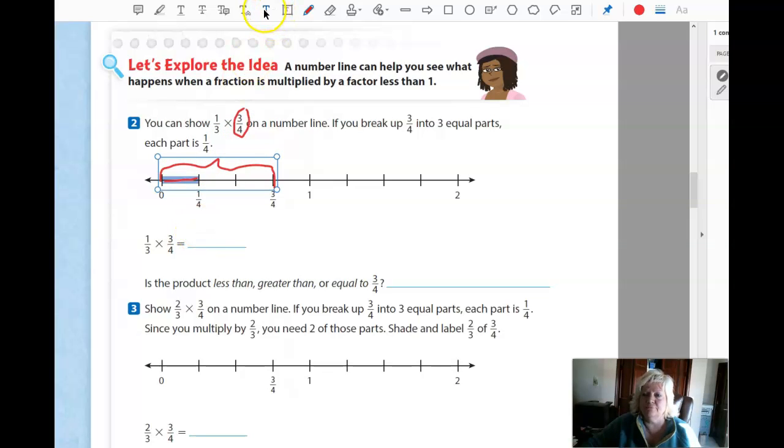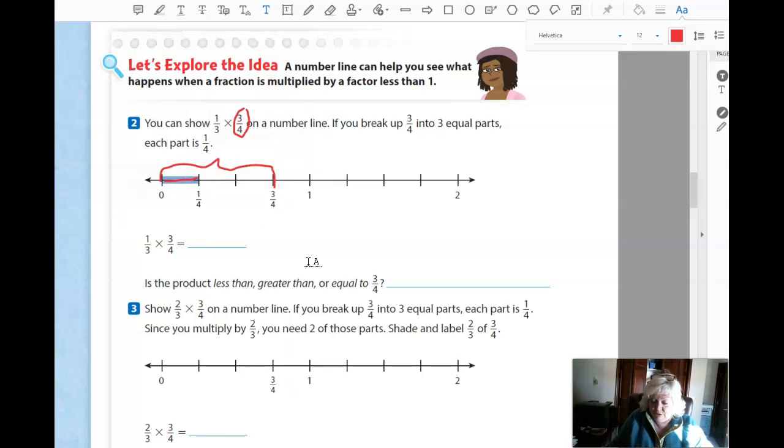So we know that a fraction multiplied by a fraction, 1/3 times 3/4, is 3/12, which also simplifies to 1/4. Is the product less than, greater than, or equal to 3/4?